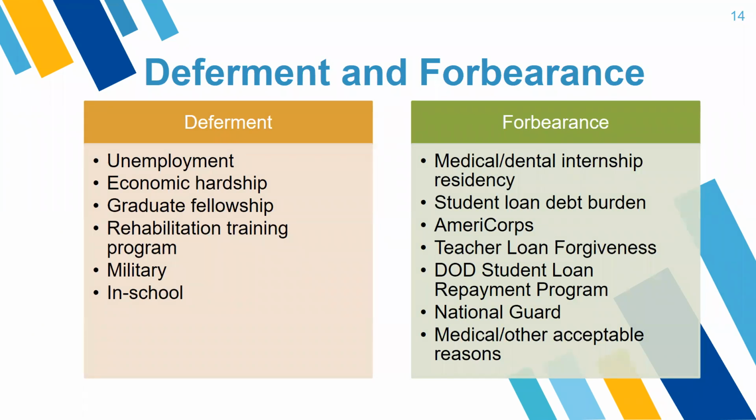If you're in forbearance, your interest accrues on both types of loan, and your accrued interest is added to your total loan balance. While you're in both of these statuses, you are not expected to make payments on your loans. Deferment and forbearance is better than defaulting, but you can find more information about these statuses online.